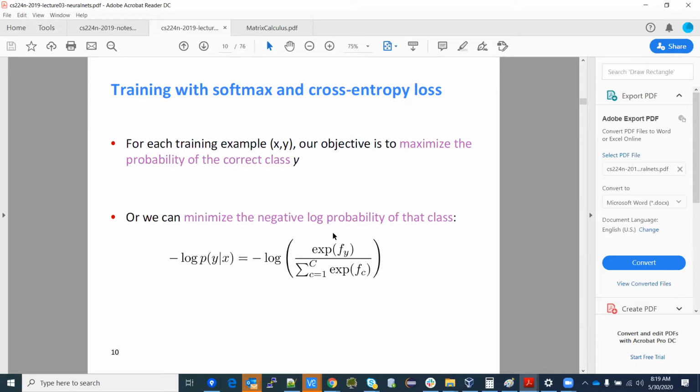So it's more convenient to convert it into a log equation, and then instead of multiplying all the probabilities, you add them up. Because probabilities are between 0 and 1, all those logs are negative. To convert those negative numbers, you use minus log instead of just log.